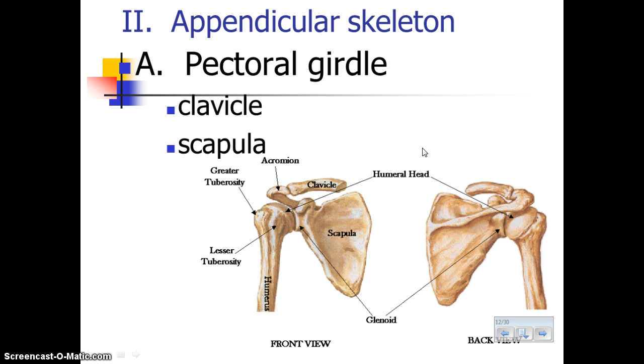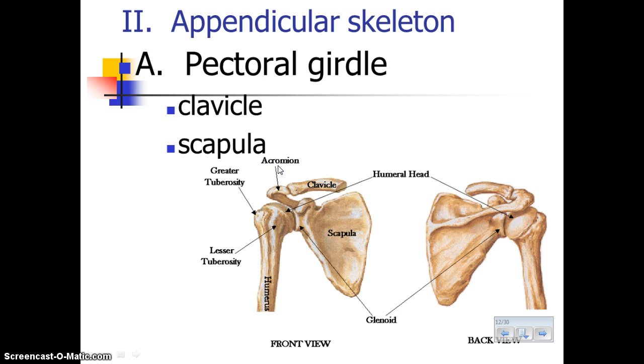Looking now specifically at the parts of the appendicular skeleton, in the shoulder girdle or the pectoral girdle, to refer to the muscle that covers this, we have the clavicle, and then we have the scapula. You may remember from chapter 1 we learned where the acromial area was.